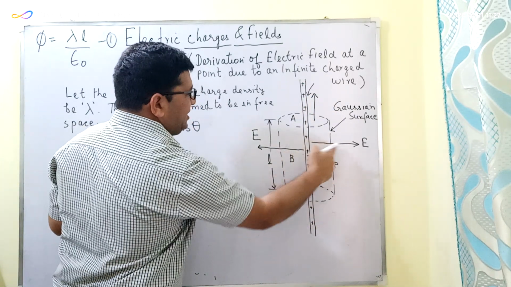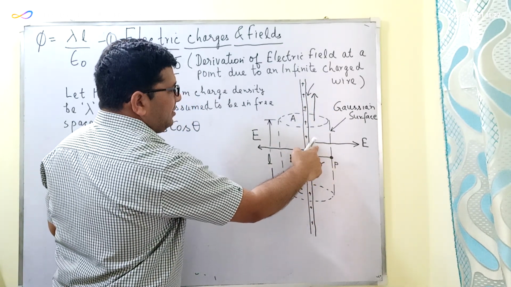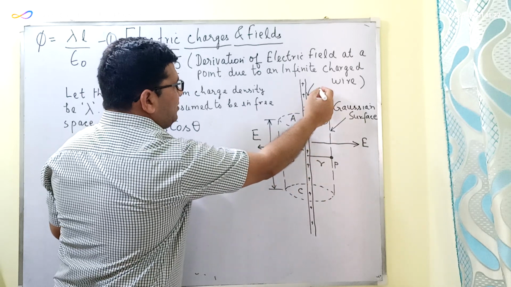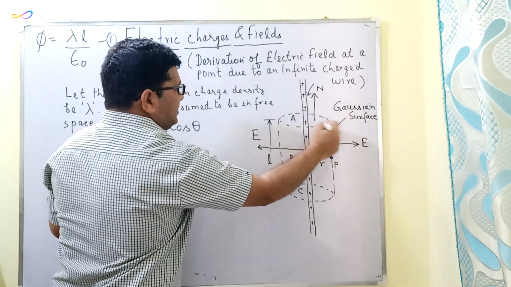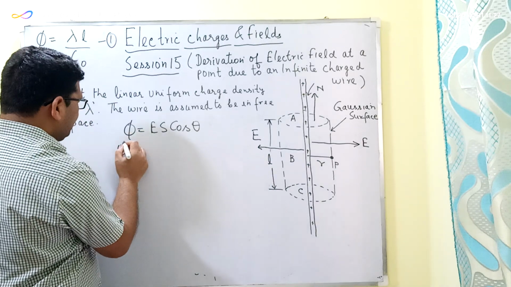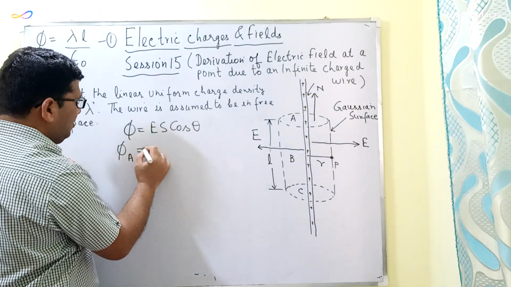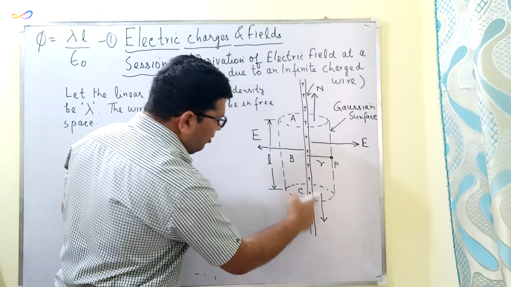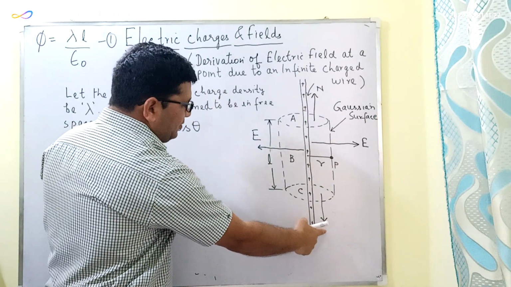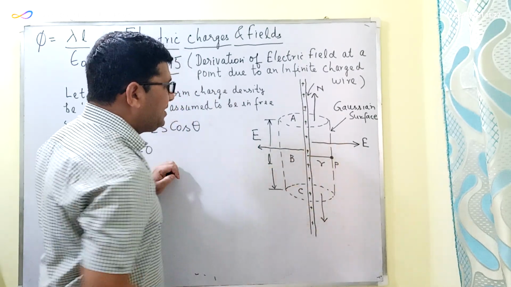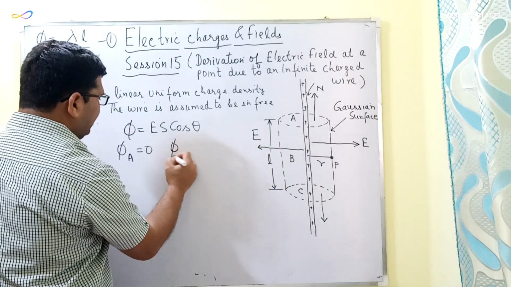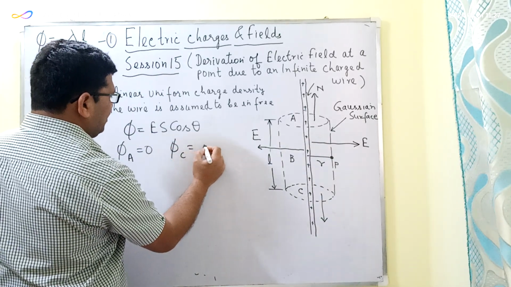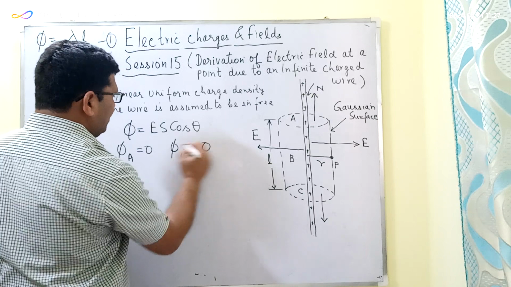So the angle between the direction of the field, that is this E, and this normal to the surface A is 90 degrees. So the flux through the surface A is equal to 0. Similarly, the flux through the surface C will also be 0, because the angle between the normal to this surface C and the direction of the electric field is also 90 degrees. So cos 90 is equal to 0.